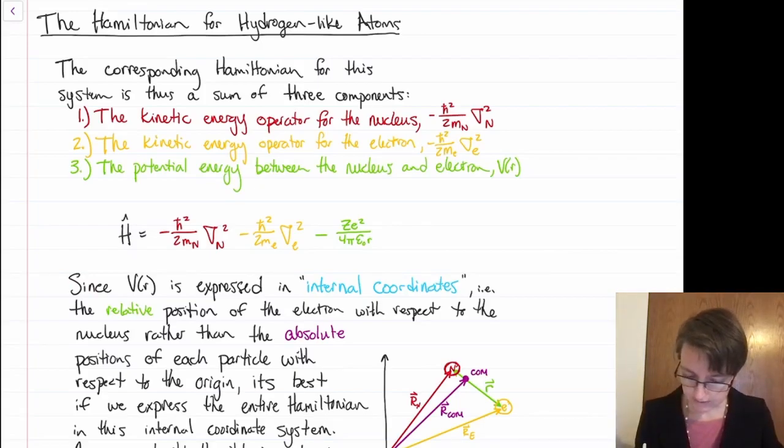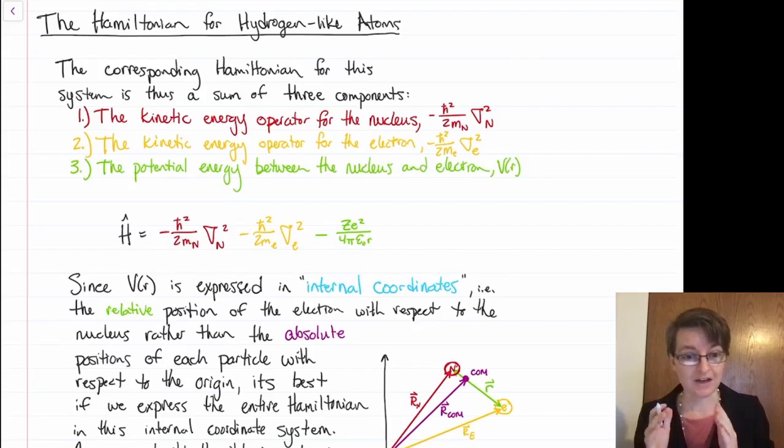And so, going back to our slide here, the Hamiltonian for a system, remember, the Hamiltonian operator is an operator that corresponds to the total energy of the system. What is total energy? Well, it's kinetic plus potential energy. And in this case, because we have two particles, we should consider the kinetic energy of both of those particles separately.